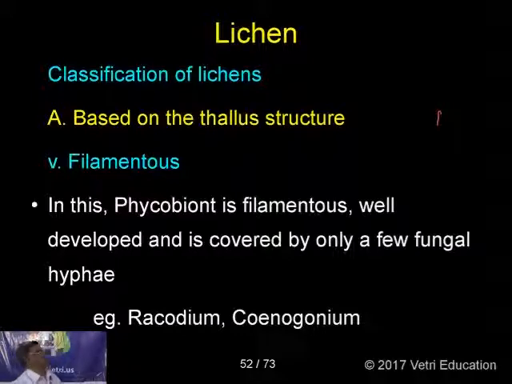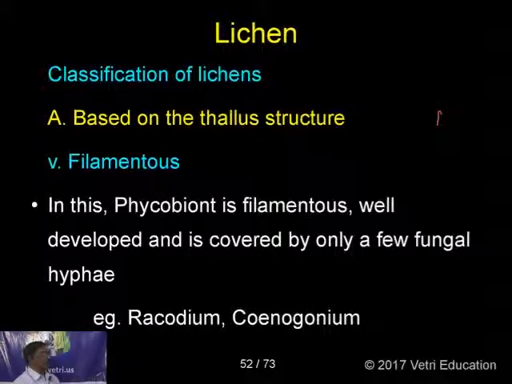Next, based on this structure, the last one is called the filamentous type. So in this, the phycobiont is filamentous, well developed and is covered by only a few fungal hyphae. So Racodium and Cystocoleus are the examples of these filamentous lichens.